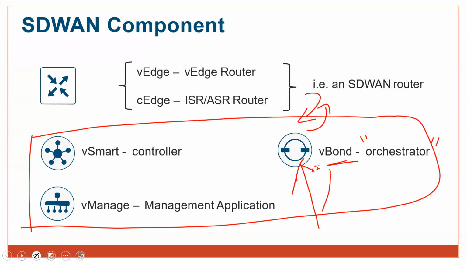So that is one level of security with vBond, then the same enrollment process vSmart does with the devices, and the same enrollment process vManage does with the devices. If any of these checks go down, the edge devices or any devices will not join the fabric. So in terms of security, I think Cisco SD-WAN is much more secure than others.